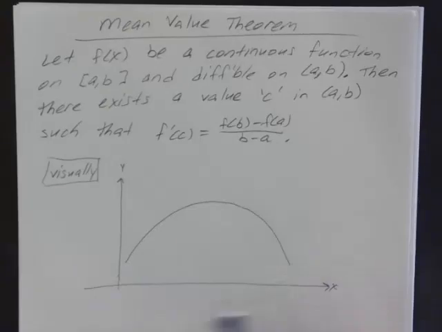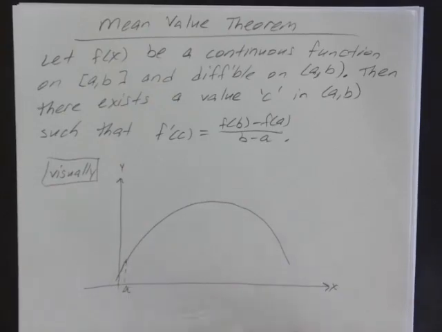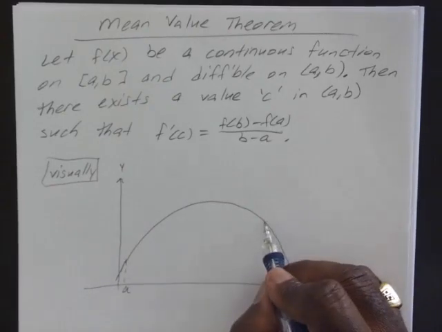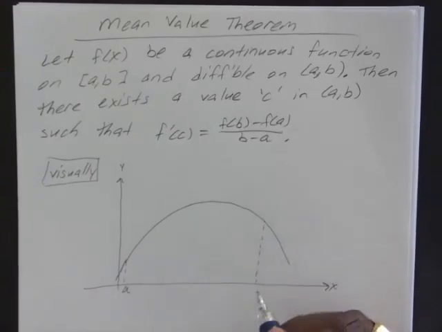And like I said, we'll draw just a nice easy function there. And that's from x equals a, so we'll put a about right there, to x equals b. And we'll put b about right there. Now this one, f of a doesn't have to equal f of b. It can, but it doesn't have to.